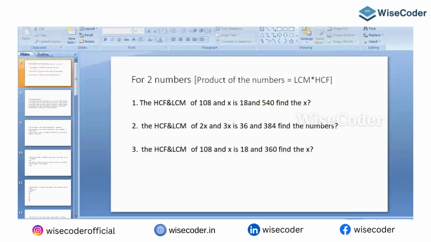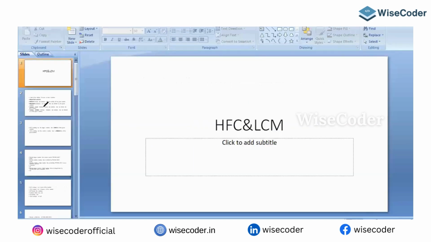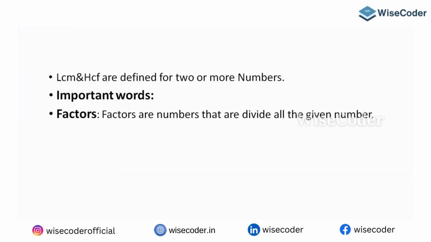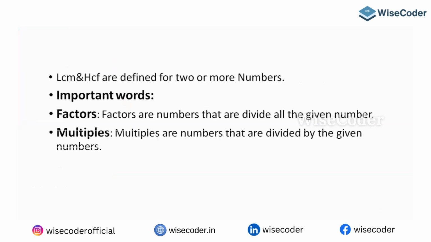Wait a minute, guys. I want to show you this particular thing. The important words are factors. What do you mean by factors? Factors are numbers that divide all the given numbers.